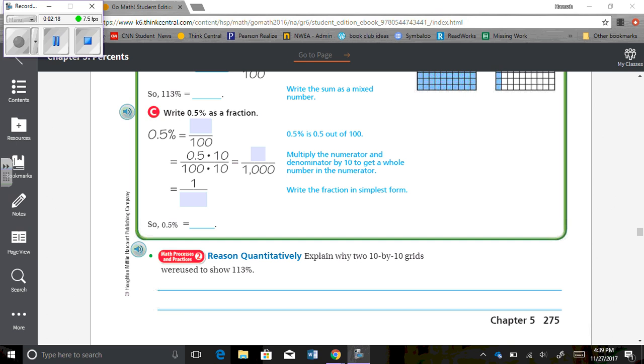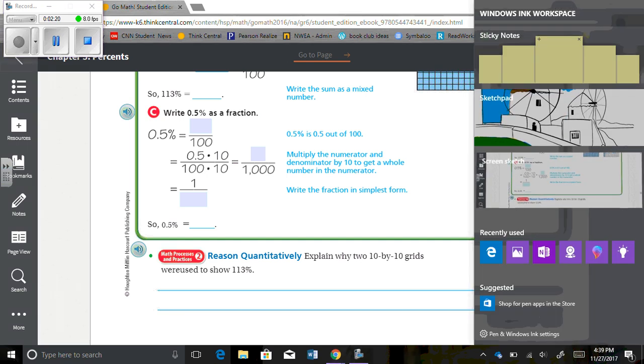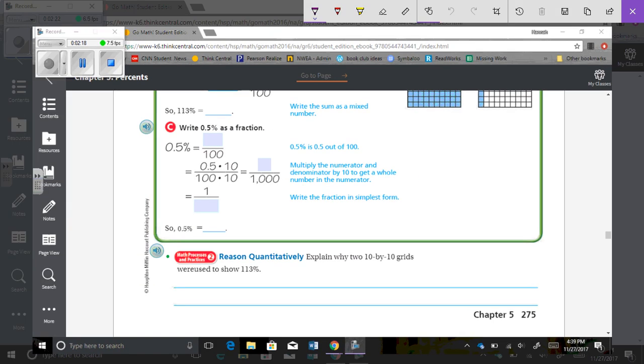And if we move down to part C, we see that blueberry muffin is 0.5%. So we would write that as 0.5 out of 100. And we're going to multiply the numerator and denominator by 10 to get a whole number in the numerator.